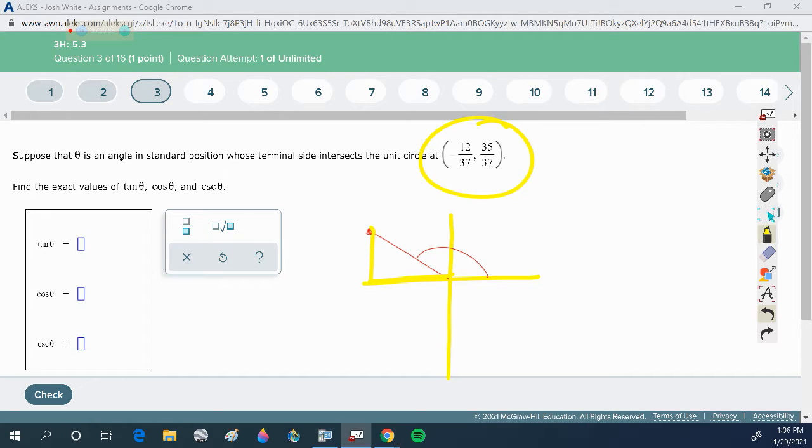Well, so this is the cosine, and this is the sine. So this is A over H, and this is O over H. So how long is my hypotenuse? 37.